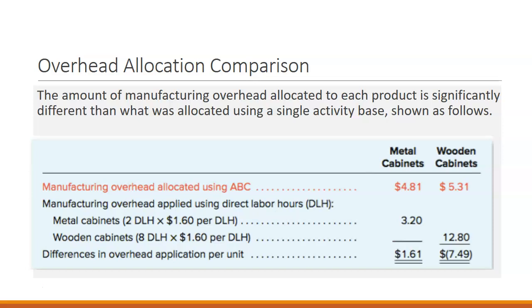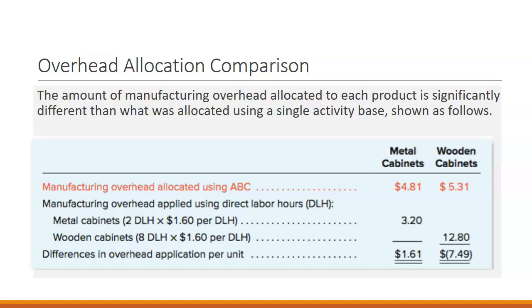Things like, how are products using our utilities? How are products using our buildings? There is no right or wrong way to allocate overhead. But as we can see here, the different allocation methods give you different results, which give you different product costs.